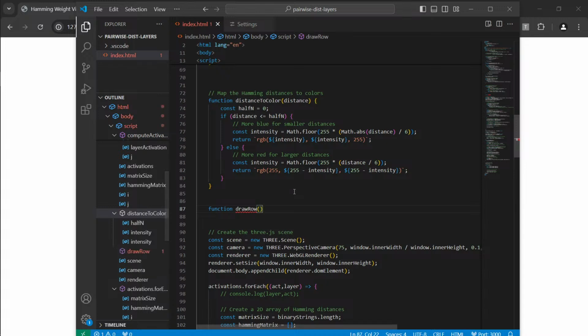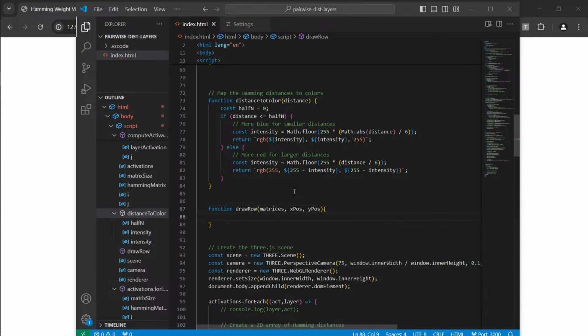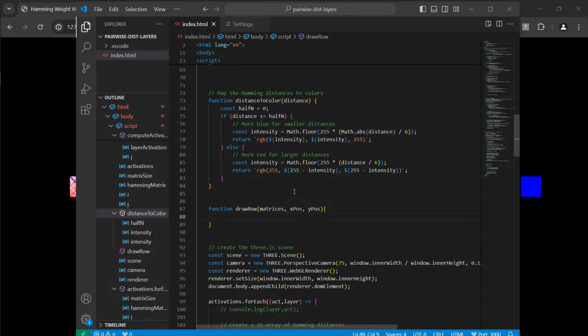And it needs to have I guess the matrices, and then X and Y position. X pos, Y pos, not to confuse it with other possible X's and Y's.